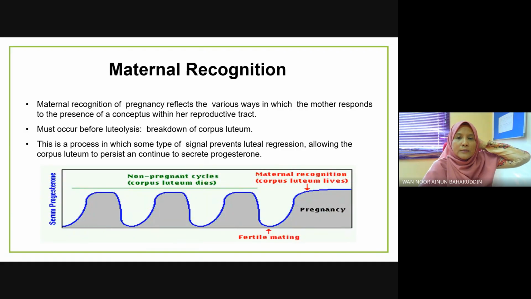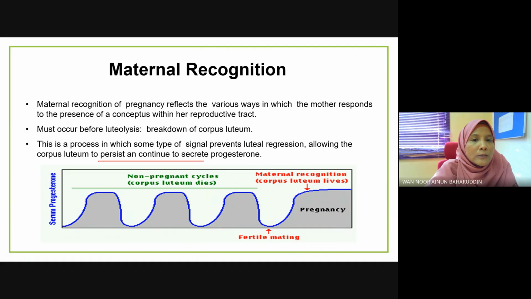So maternal recognition reflects the various ways in which the mother responds to the presence of the conceptus within her reproductive tract. It is the process, a signal, that prevents luteal regression and allows the corpus luteum to persist and continue to secrete progesterone.